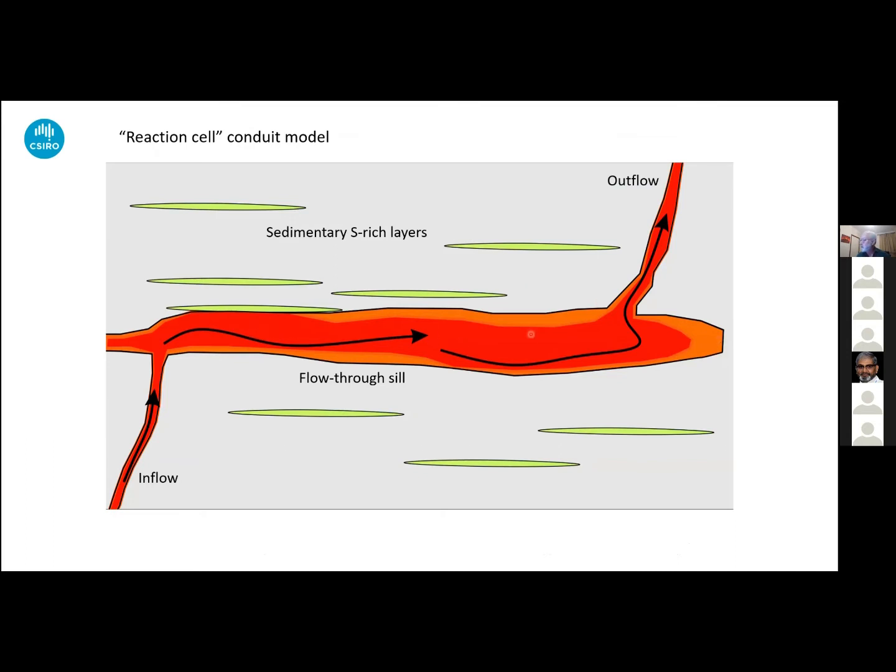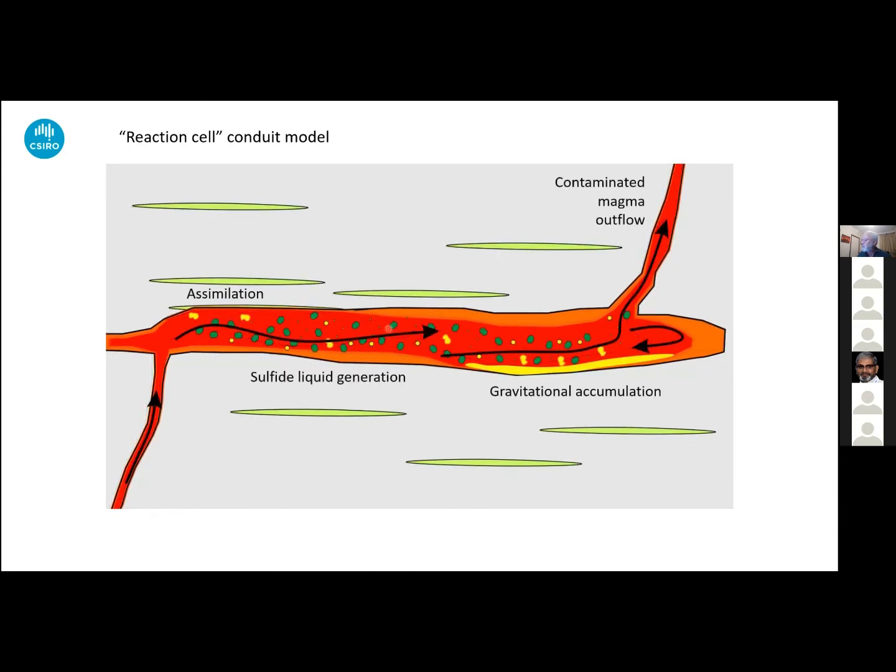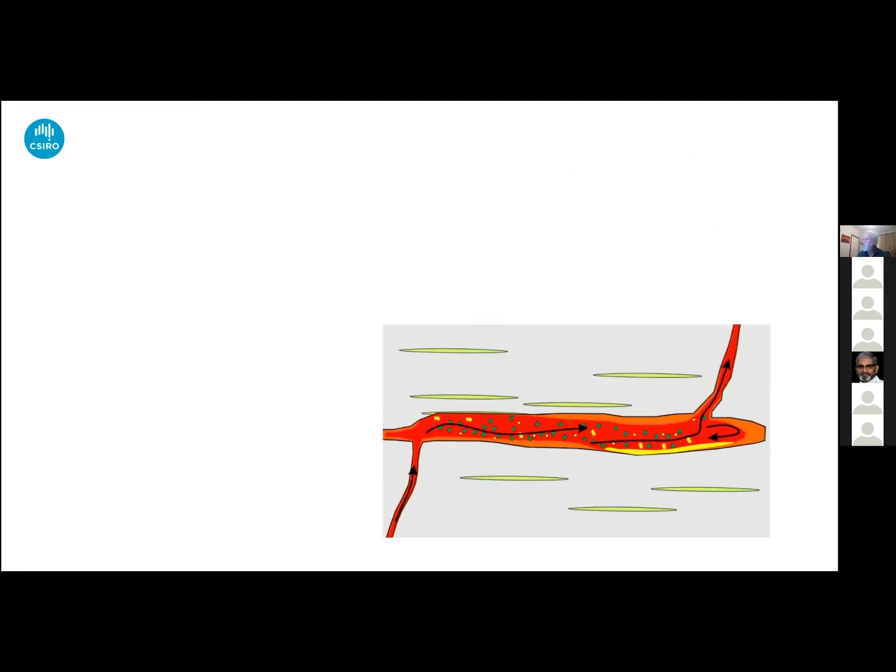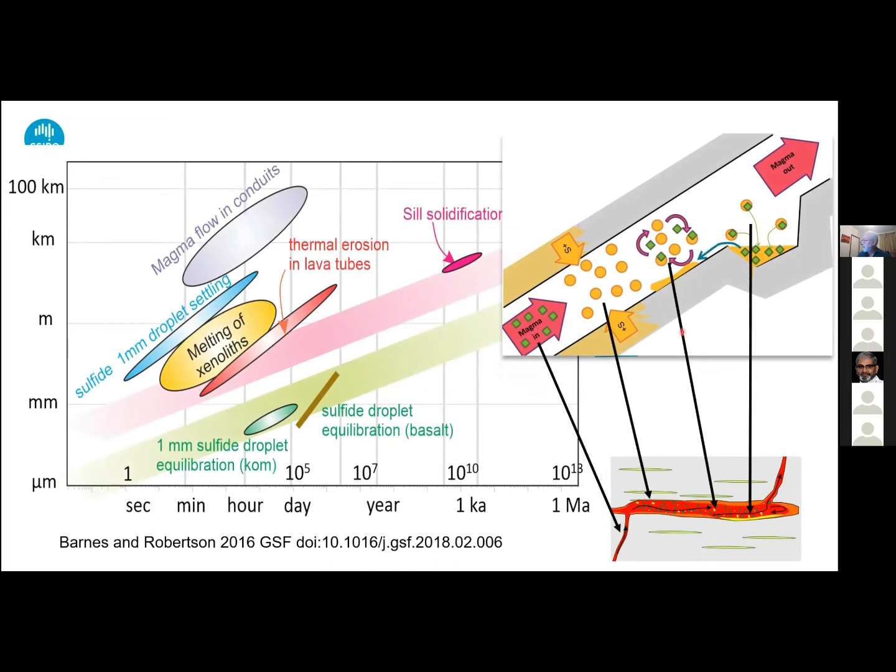Magma flows through some sort of conduit, incorporating sulfide from the roof or the floor, generating a sulfide liquid. That sulfide liquid drops out and the magma flows on out the other end. So relate that to our little process diagram that I showed you before, and now let's see where this sits on our plot.